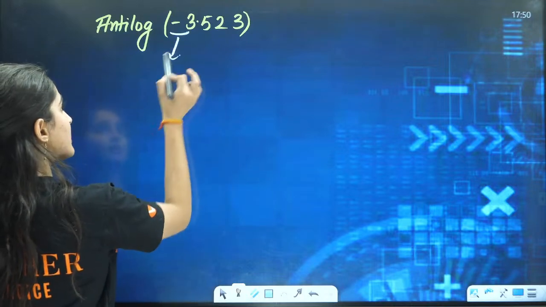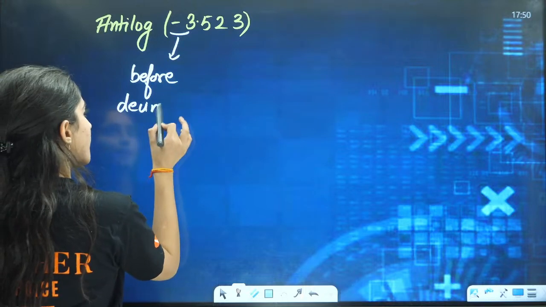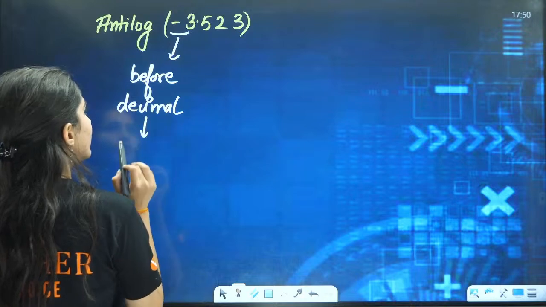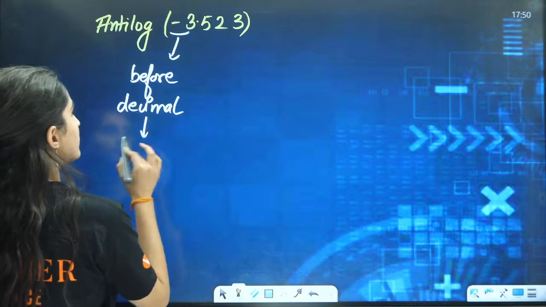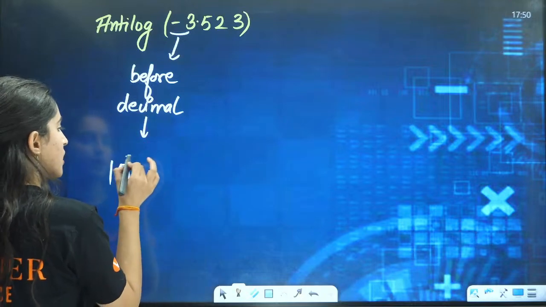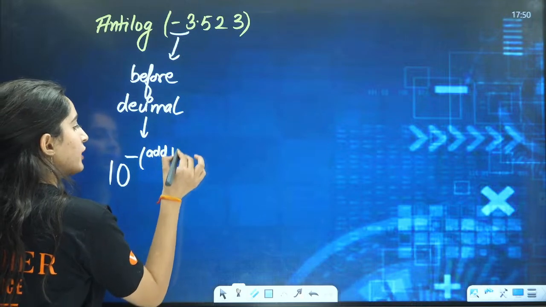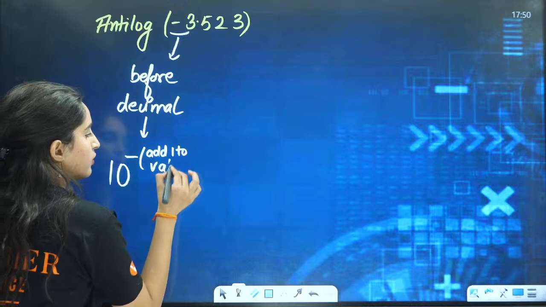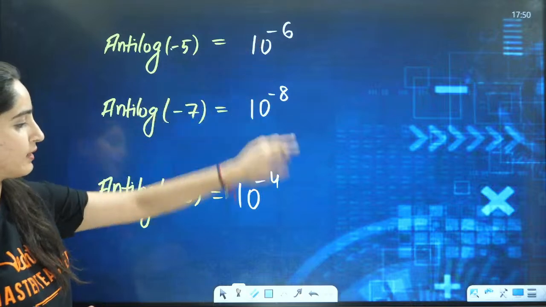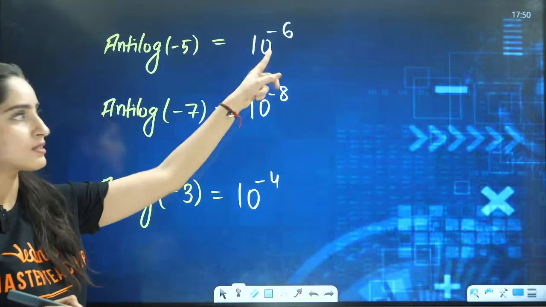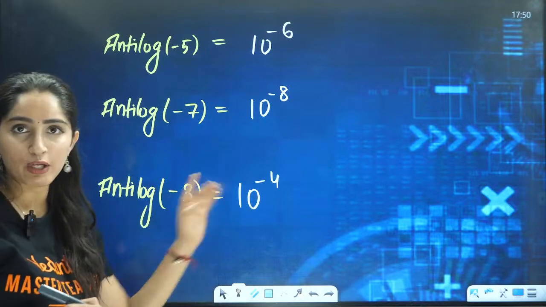Now, before the decimal, again the trick I am writing: you will take it as 10 raised to power minus, add 1 to that value. That means the same as what we have done here. 10 raised to power minus, add 1 to that value means 6, 8, or 4.